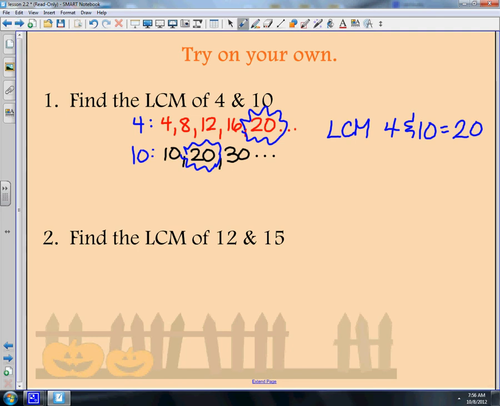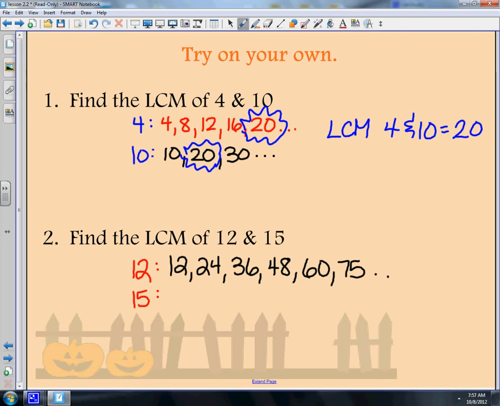Okay, our next one is find the LCM of 12 and 15. So I have 12 and 15. So then I'm going to do 12. So I have 12, 24, 36, 48, 60, 72, and so on.